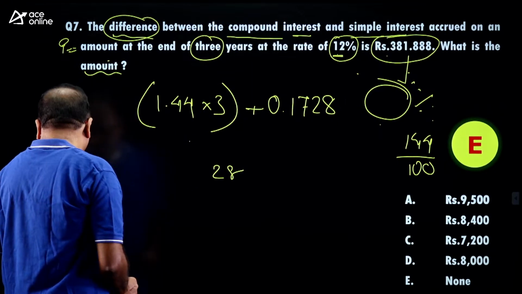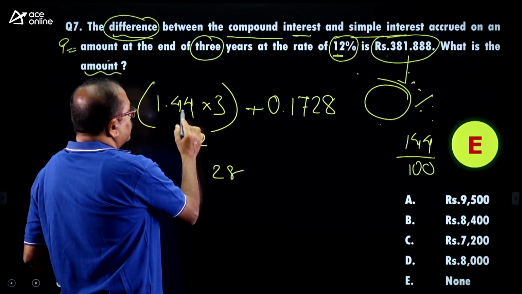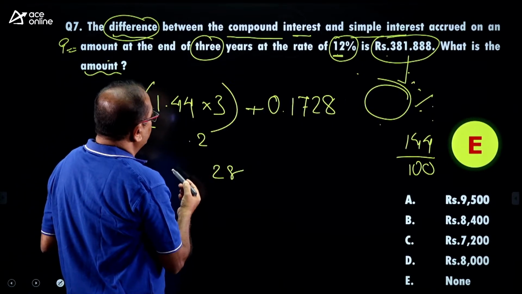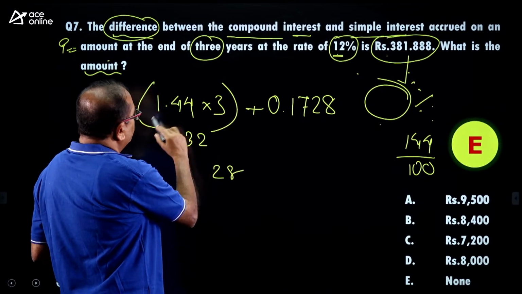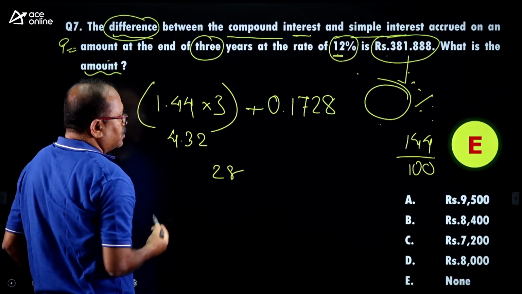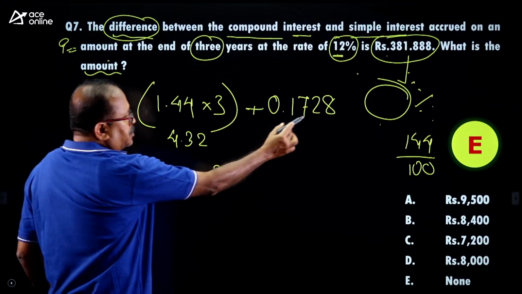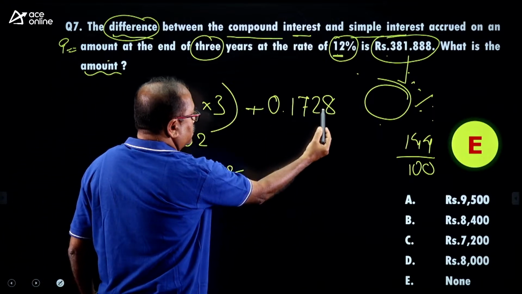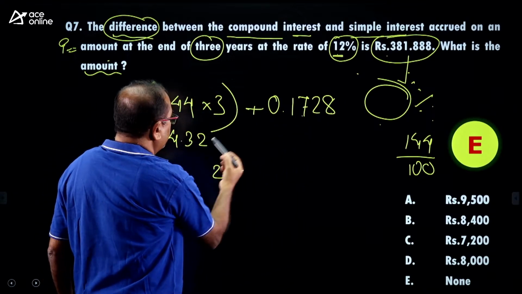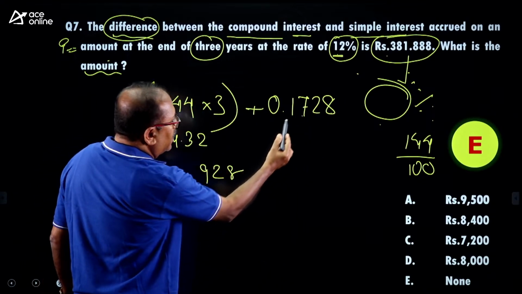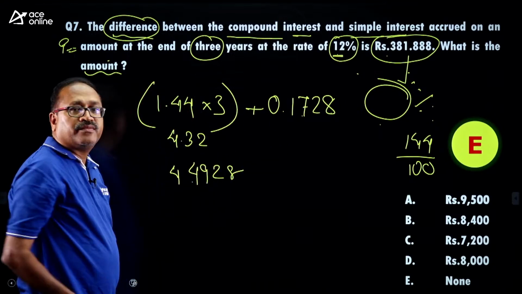When I multiplied with 3: 3, 4 is 12, carry 1; 3, 4 is 12 plus 1 is 13, carry 1; and 3, 1 is 3 plus 1 is 4. So it gives us 4.32. Add this 4.32 to this, that gives us the total. The 8 comes as it is, 2 as it is, 7 plus 2 is 9, and 1 plus 3 is 4, and decimal and 4.